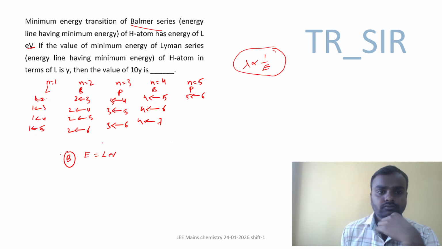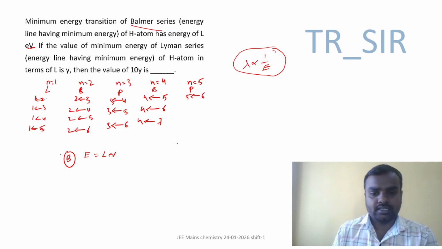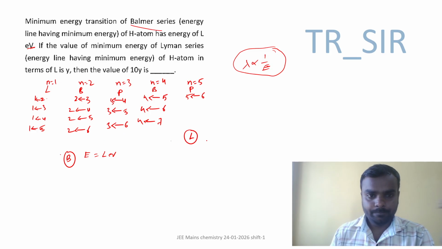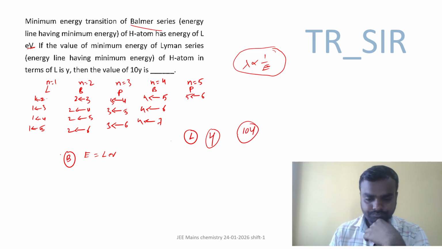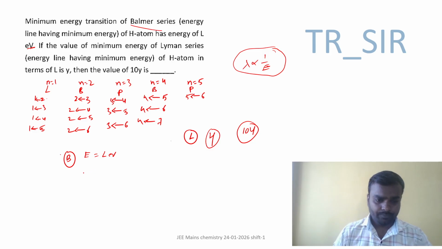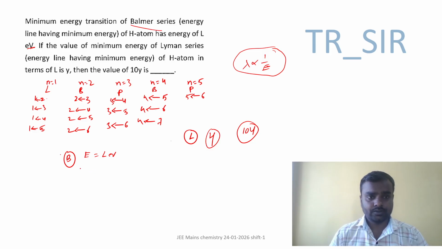If the value of minimum energy of Lyman series is Y, in terms of L, then what is the value of 10Y? Substitute here. Minimum energy means the first line. The first line will be the minimum energy.